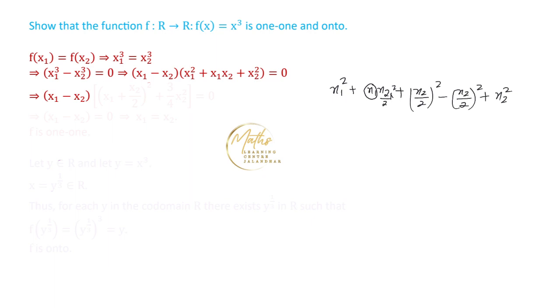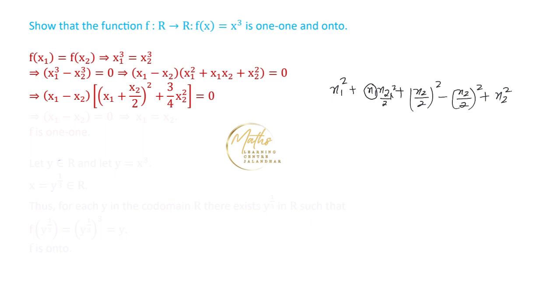On solving this, we obtain the answer in this form: the first whole square is x1 plus x2 by 2 whole square, and the remaining term we are left with is plus 3 by 4 x2 square. So these are the terms we obtain, and this value is equal to 0.